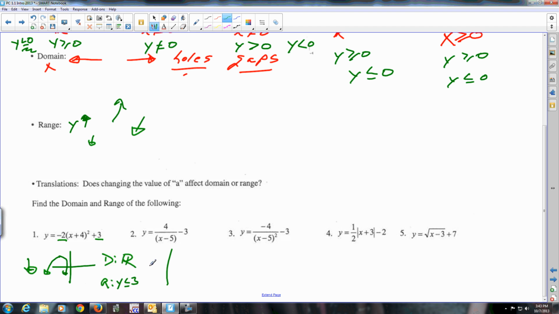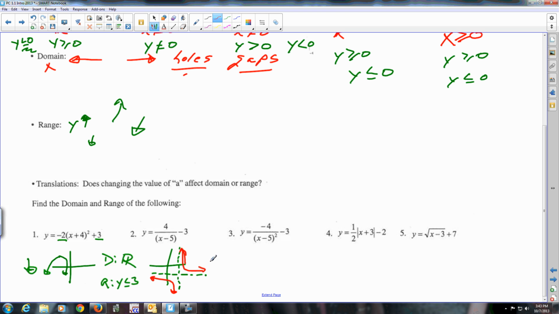Okay. This is a hyperbola. It has a vertical asymptote over at 5, horizontal asymptote down at 3, and A is positive. Let me change colors. I'll show up a little better on the green graph. That's part of it. And this is the other part down here. Can you go as far left as you want?